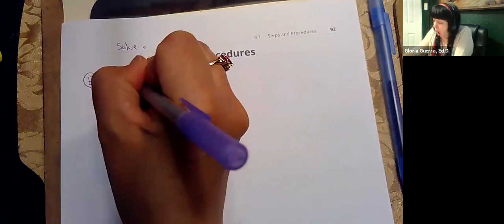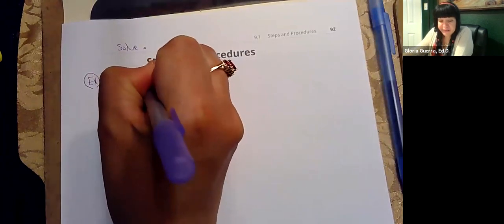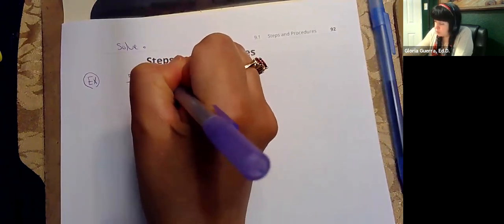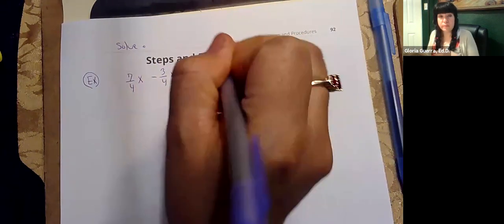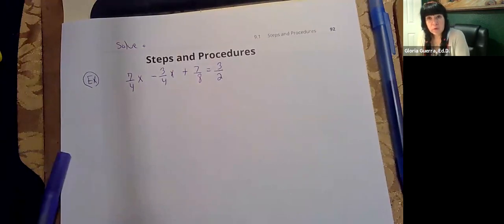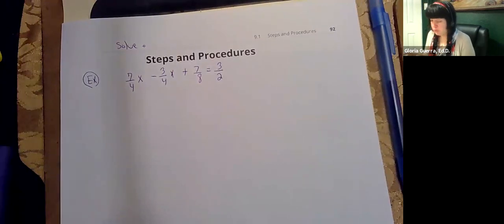Okay, so let's start with this one. These are all solving equations. Let's say you had 7/4 x minus 3/4 x plus 7/8 equals 3/2.